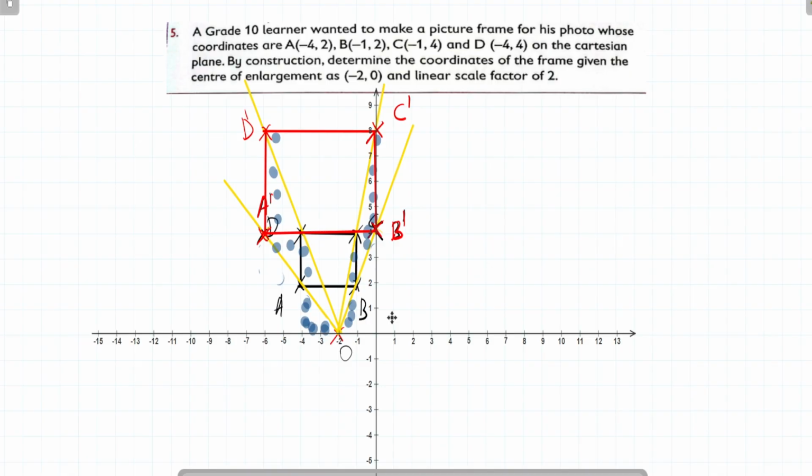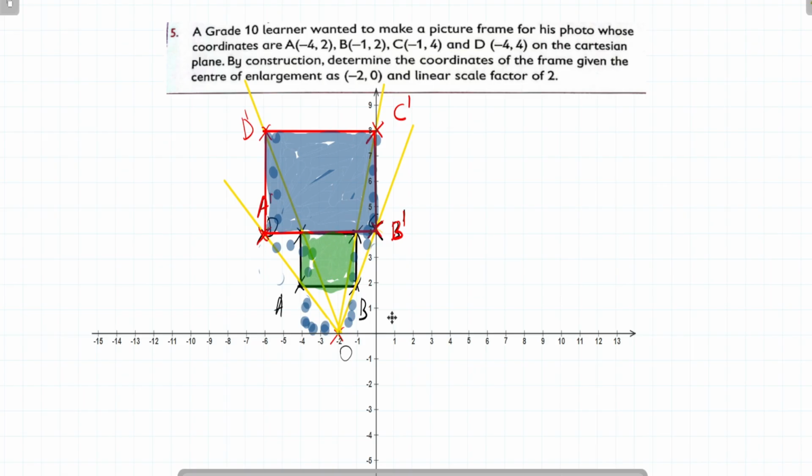So your image is basically this one. So we highlight at least one. So this is your image, and this was your object.